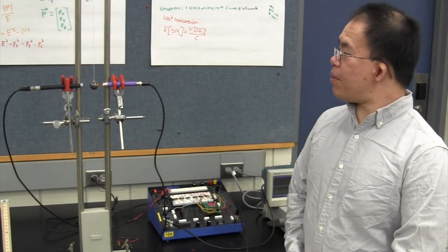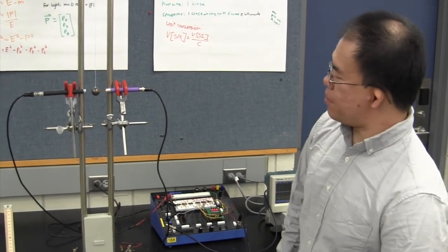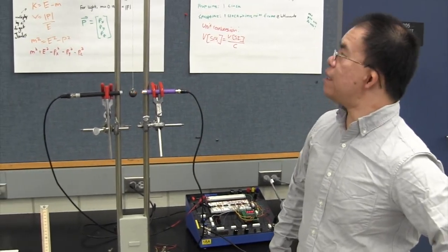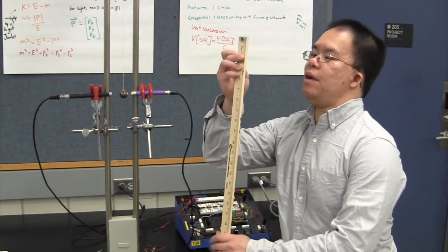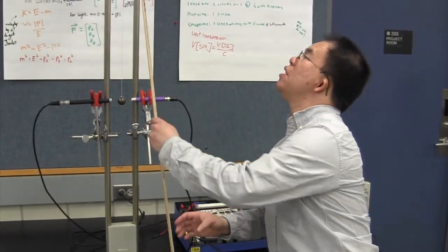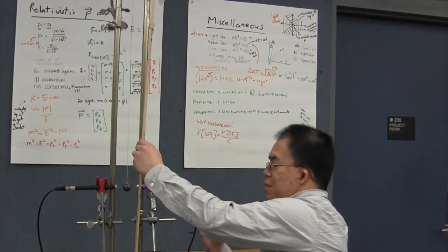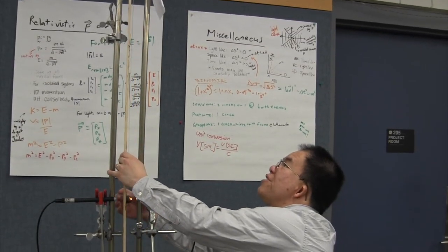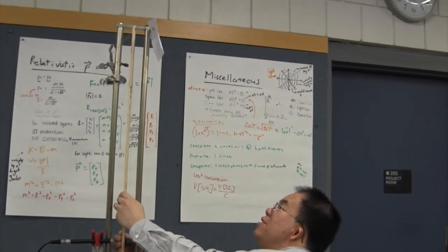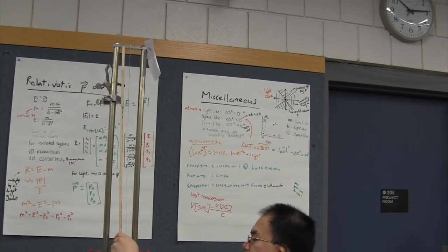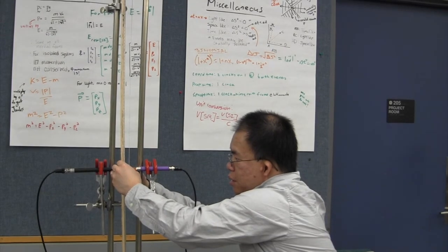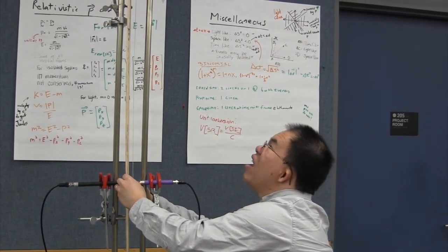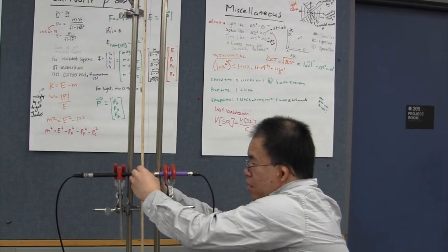All right, so you can see that I've shortened the pendulum again. Let's measure its length, and then we'll do a bunch of period measurements. This is always awkward, but I'm going to stick this meter stick up here and try to eyeball this. Okay, and that's straight.